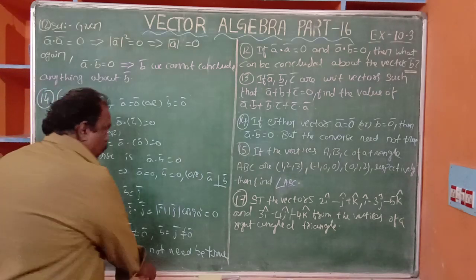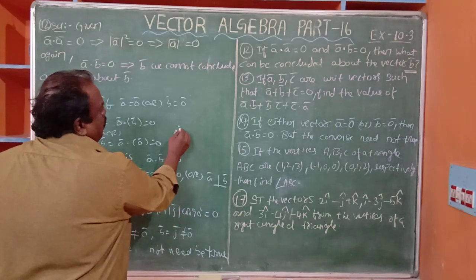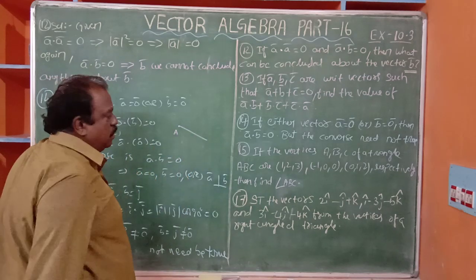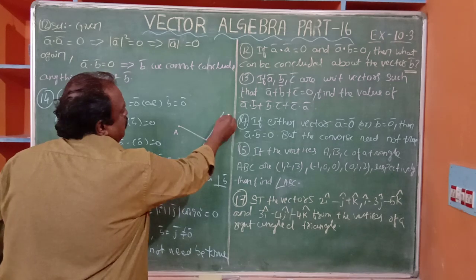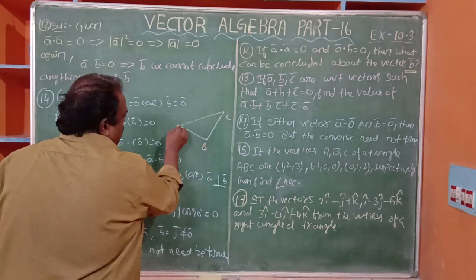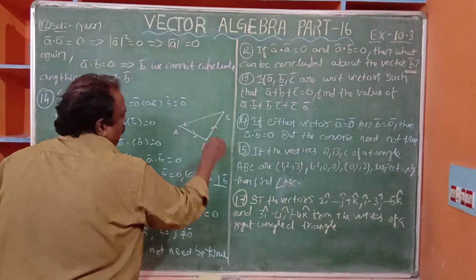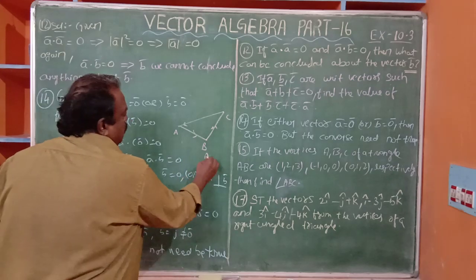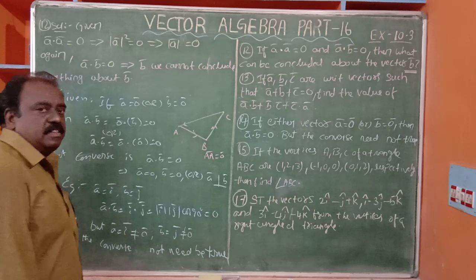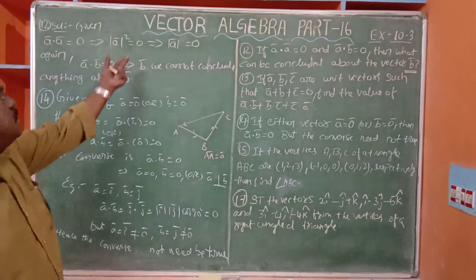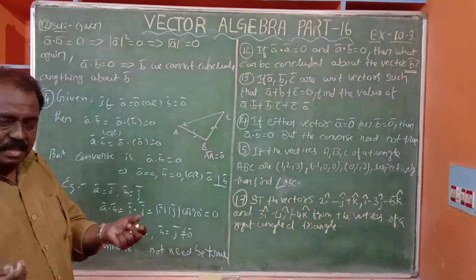Once again, a body is moving from A and reaches B, takes some diversion, reaches C and again reaches A. Here a bar is equal to 0 bar. That is a 0 vector. That is a different one. But here, the length itself is 0.